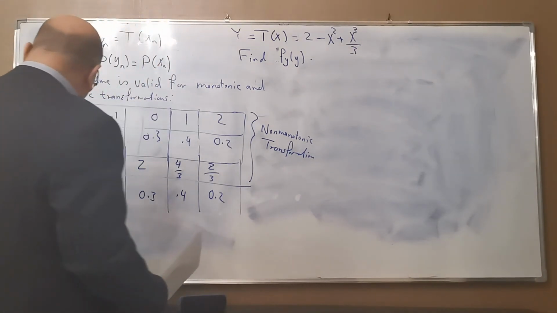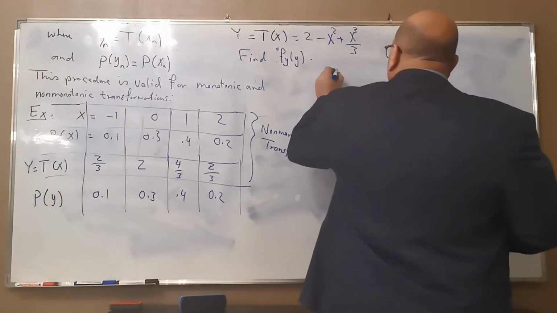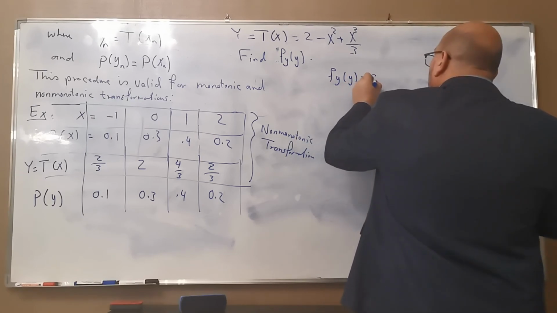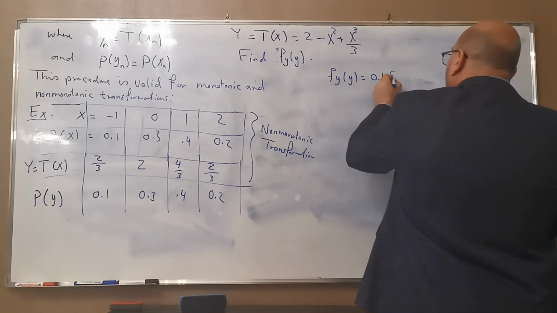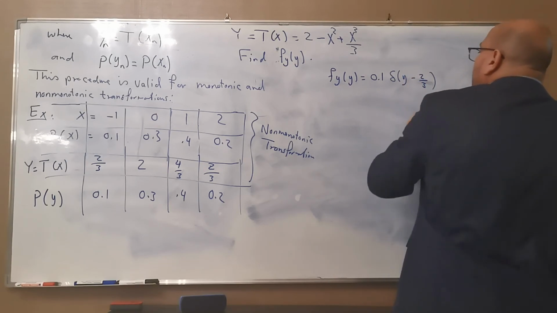So you have those T of x and probability of y, and we can say that fy of y is equal to 0.1 delta of y minus 2/3.